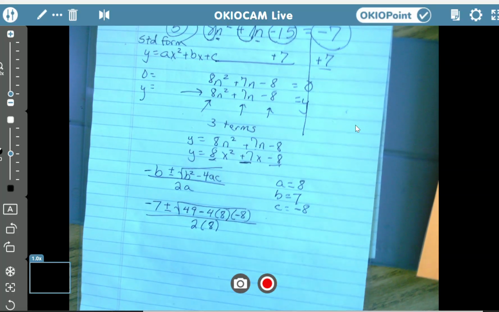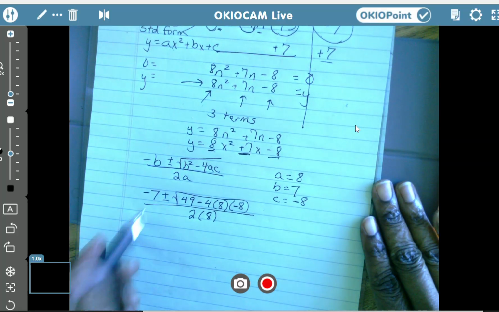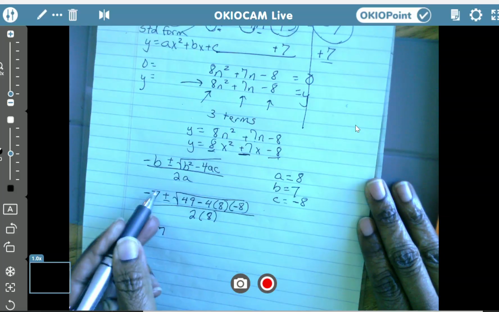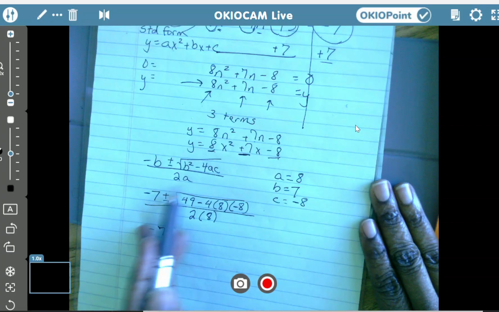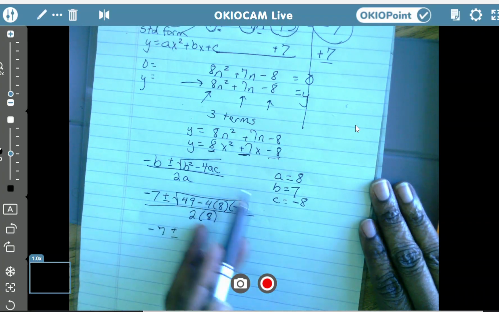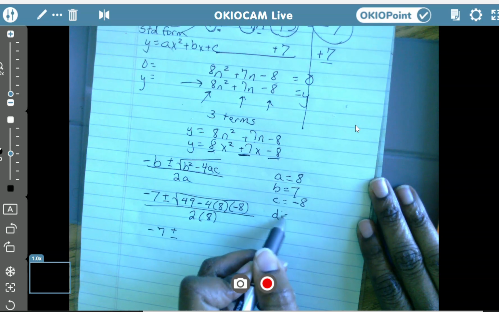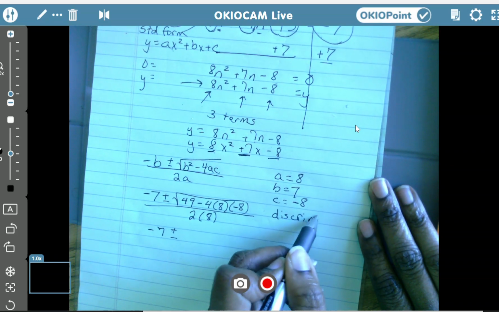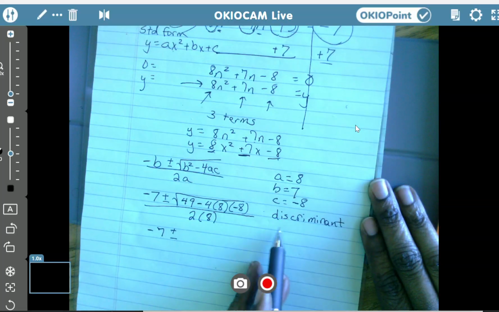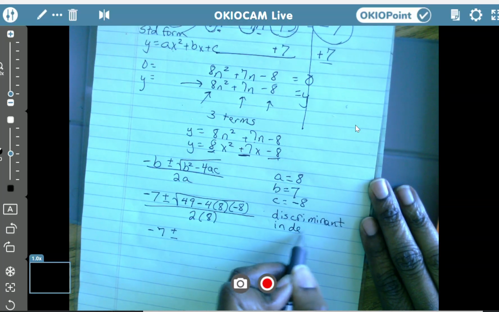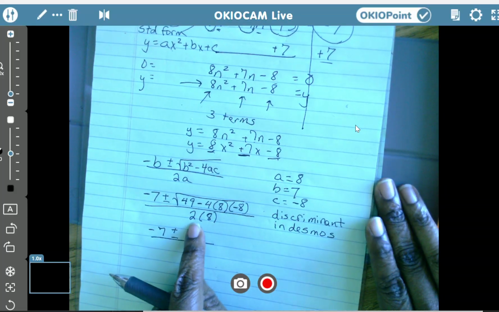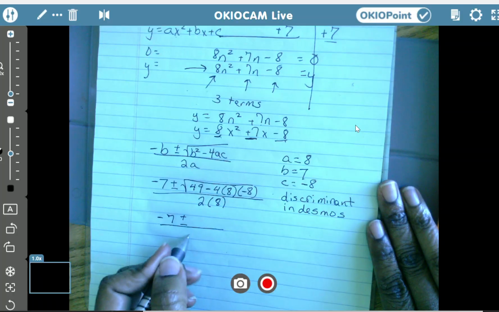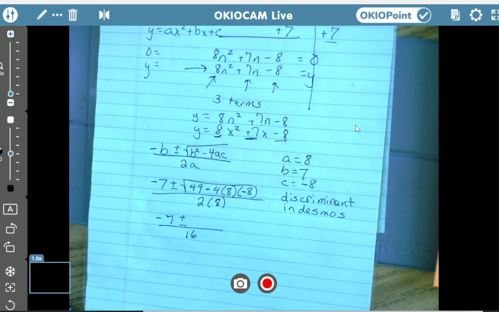Now, certain things you should be able to calculate without a calculator. Negative 7 is understood to be in the front of this quadratic. Plus or minus. This is the discriminant. We're going to put the discriminant in decimals to do the calculations for us. But we're going to calculate ourselves 2 times 8, which is 16.